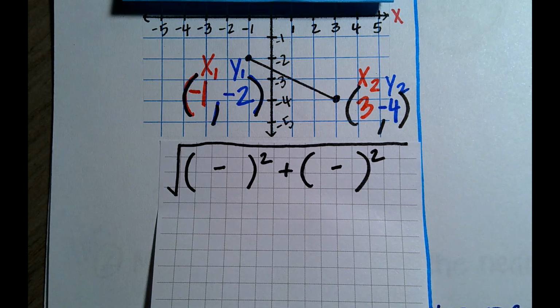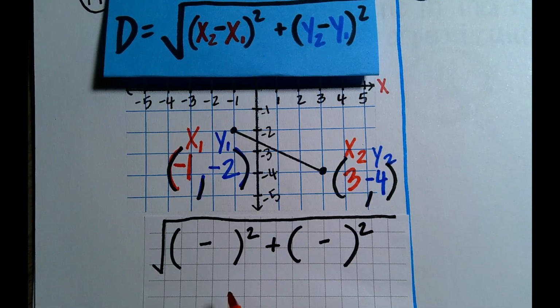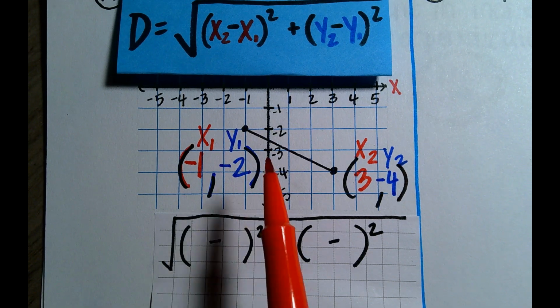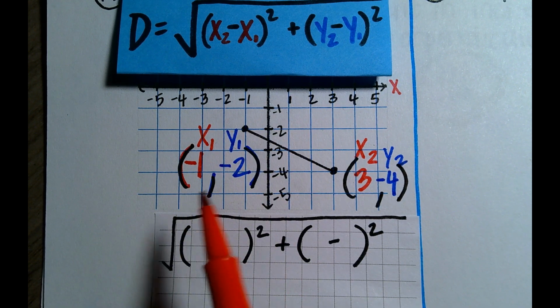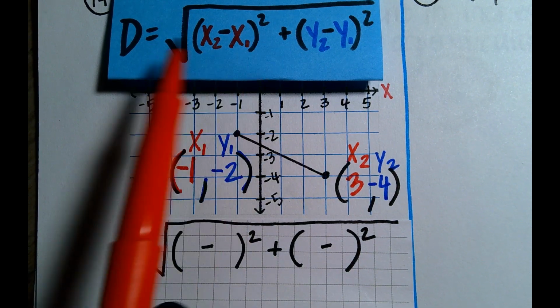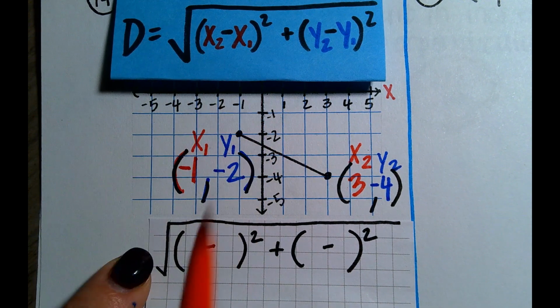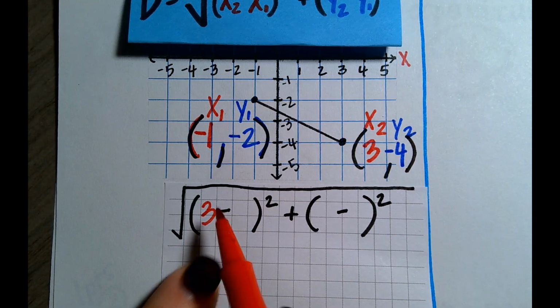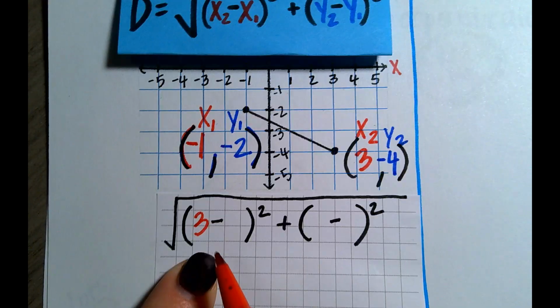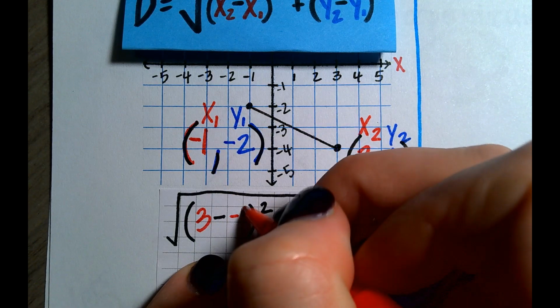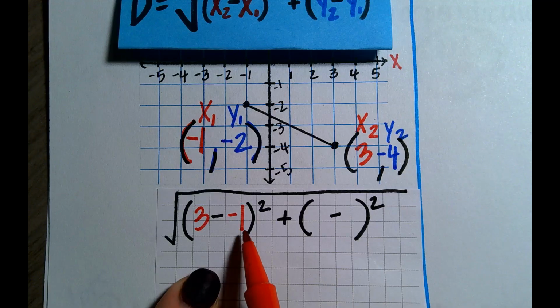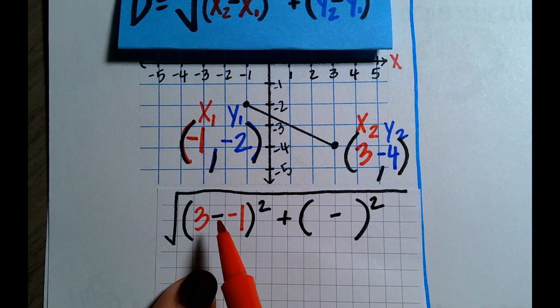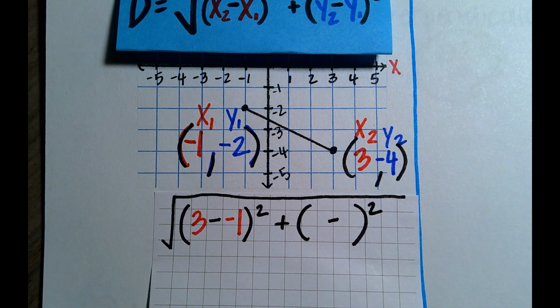What numbers go in my first two blanks? Negative 2 and negative 1. Now, be careful on this one. We want both of the x's, x2 minus x1, in the first blank. So what's my, yes, 3. Keep the minus because that's part of the formula. 3 minus negative 1. And what did you ask right before that? Does it make it 1? Yes, it does. When you have minus a negative, absolutely. This turns into 3 plus 1.